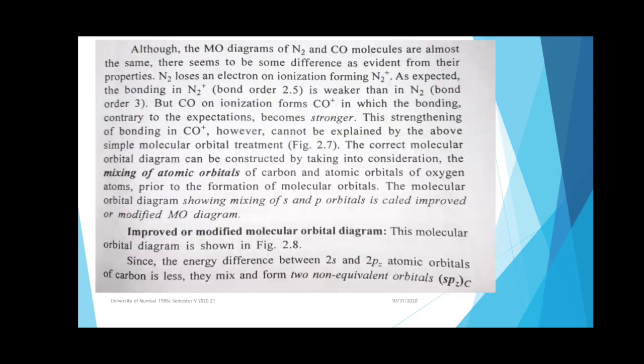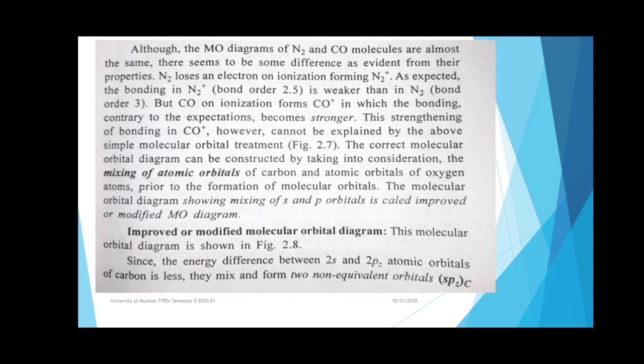But whether it is the same or not can be understood with the help of this explanation: even though there is a similarity between the MO diagrams of CO and N2 molecules, still there is some difference, and that difference can be proved evidently with their properties.